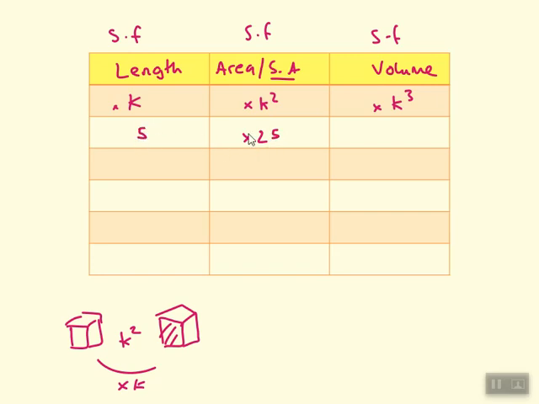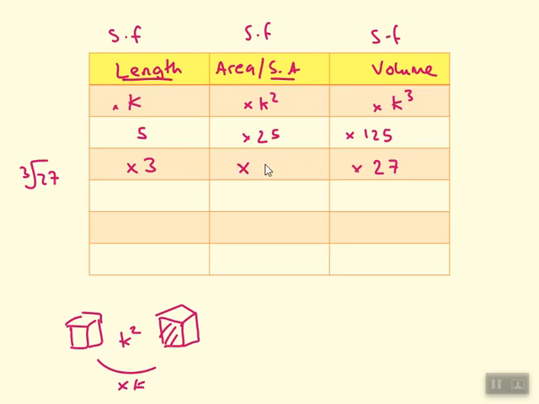Because 5 squared is 25. Then 5 cubed is 125. So if it was a 3D shape, the volume must have been multiplied by 125. Now, if you know, for example, the volume was multiplied by 27, then this must be 3, because the cube root of 27 is 3. So the length must have been multiplied by 3.